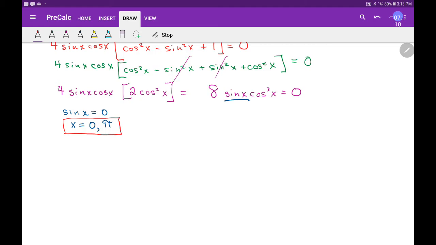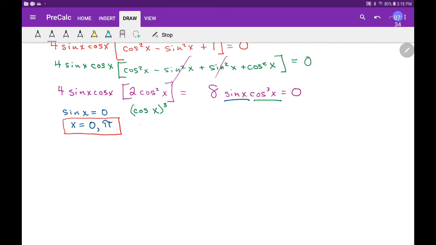Okay? And then what else can we say? Well, let's do the cosine cubed x. You know, it doesn't matter if I cube it. It'll still be 0. So if I say this cubed, that's fine. It's the same thing.